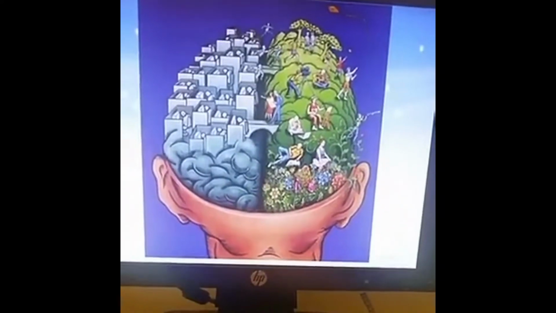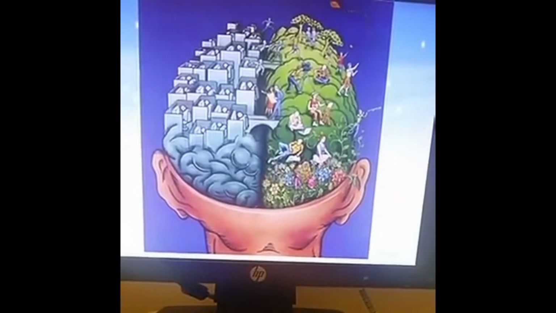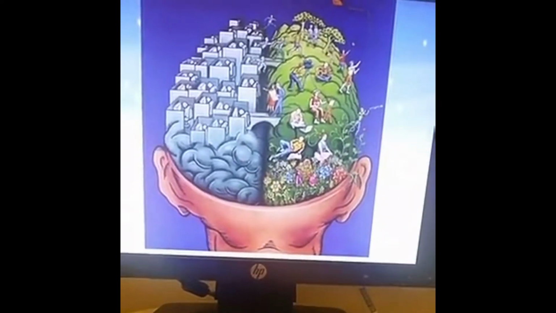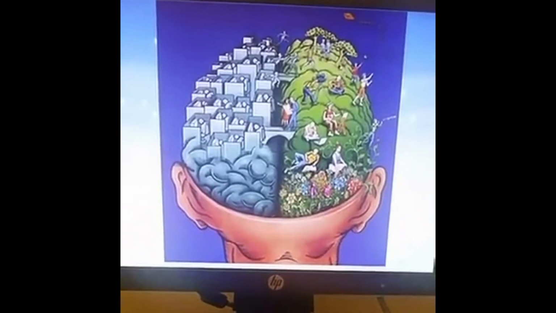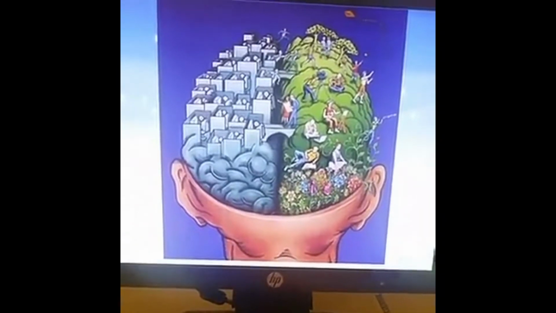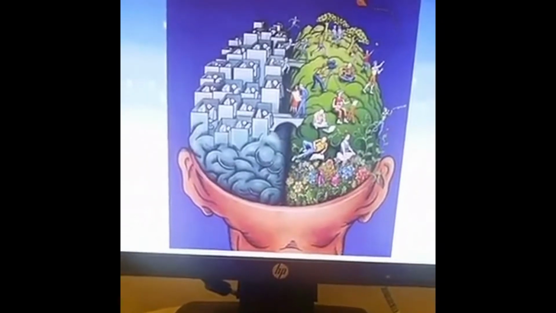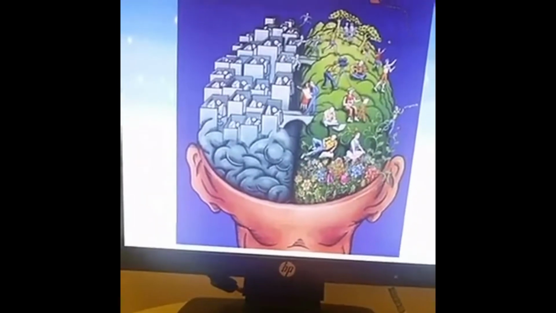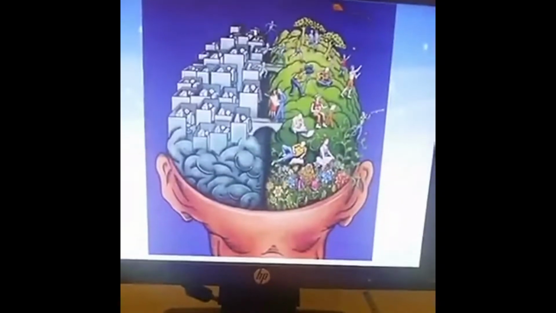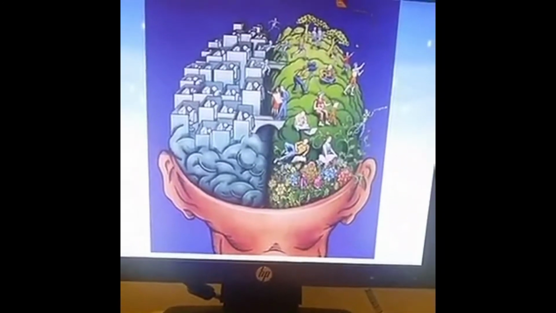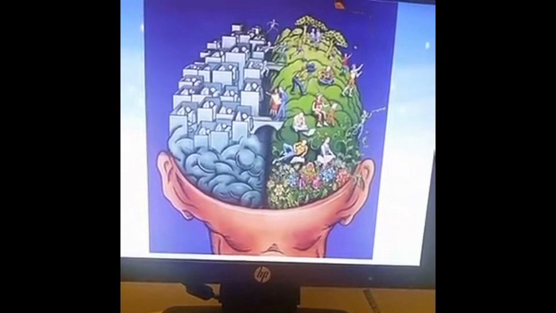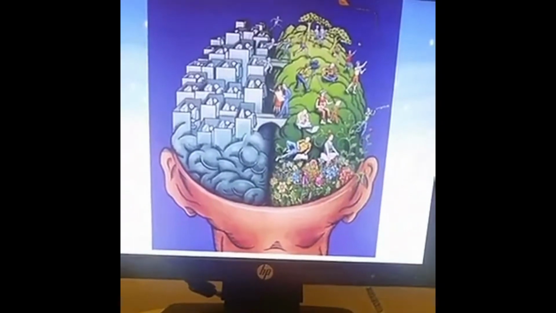The left hemisphere is more logical, analytical and processing. It is templating, organizing, processing and putting all the information in order. So this is the function of the left hemisphere. It is very useful to know that each piece of information comes first to your right hemisphere, then goes to the left hemisphere.